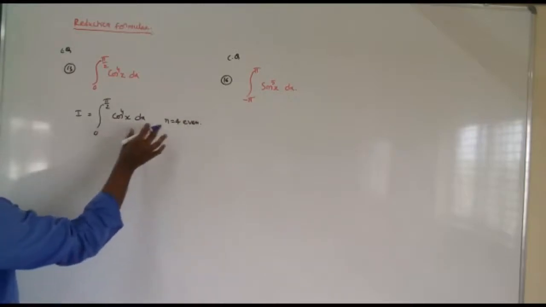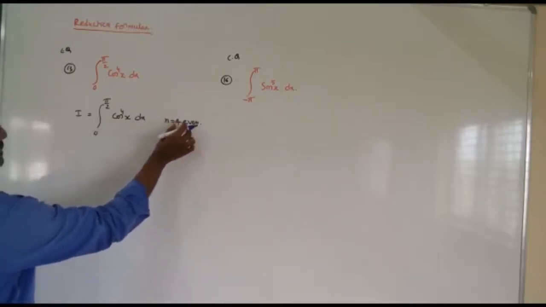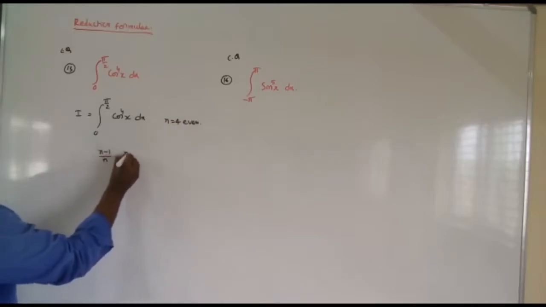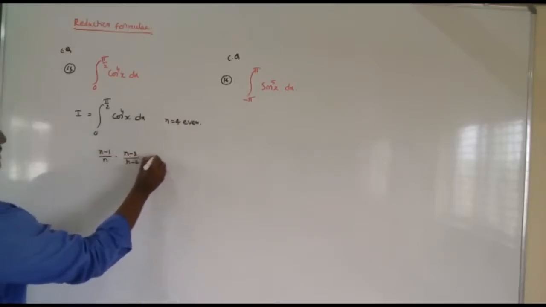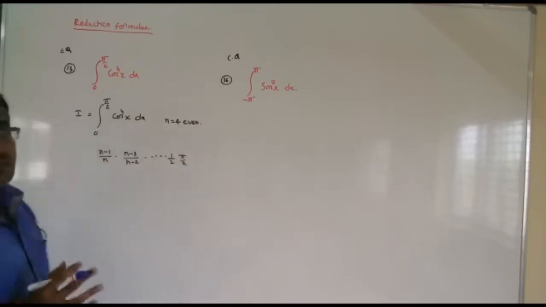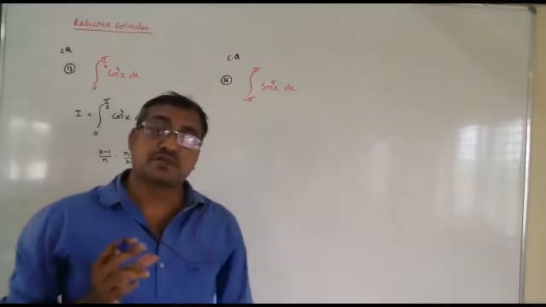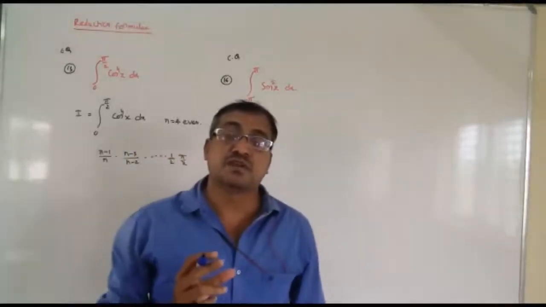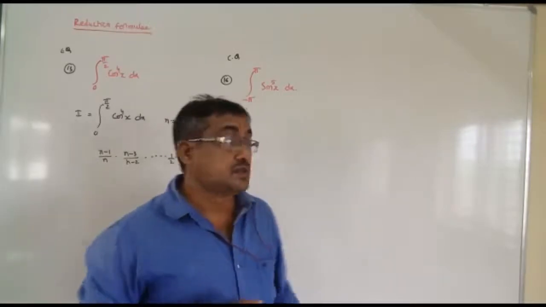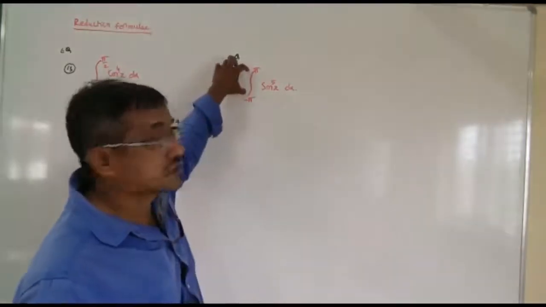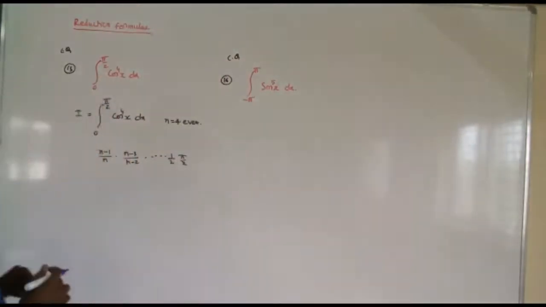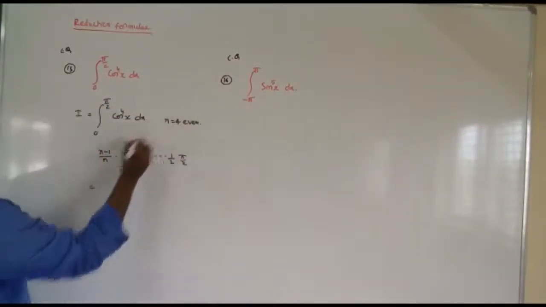When the given n is even, then you have n minus 1 by n, n minus 3 by n minus 2, and so on, 1 by 2 into pi by 2. That is the result. But remember that the limits must be 0 to pi by 2. That is very, very important. You cannot apply it directly when the limits are not 0 to pi by 2. Remember that part. So here n is equal to 4.